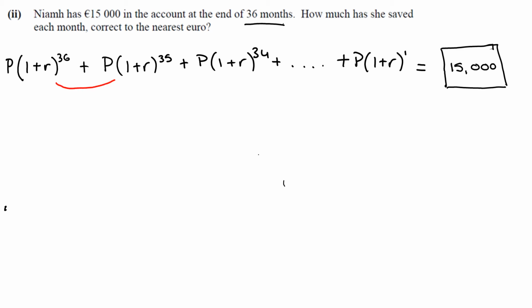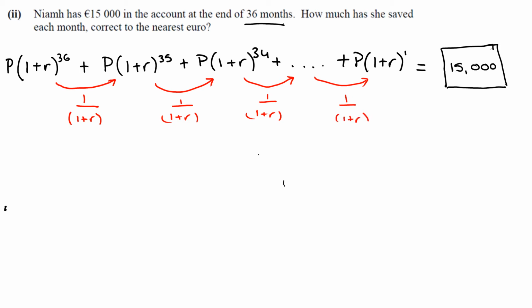is a geometric sequence. So basically each time you've effectively divided by a 1 plus r. Okay, 1 plus r, and so on. 1 plus r. So what we're going to use is the idea of a sum of a geometric sequence.